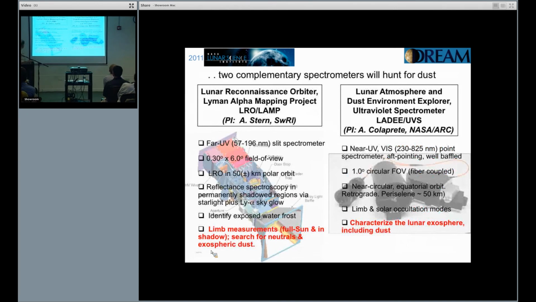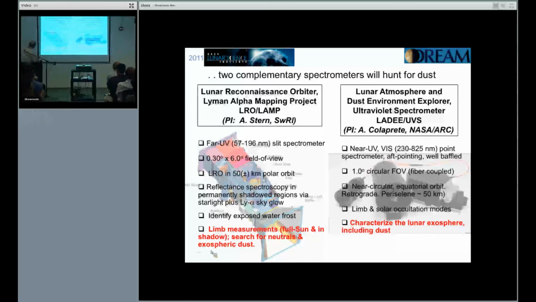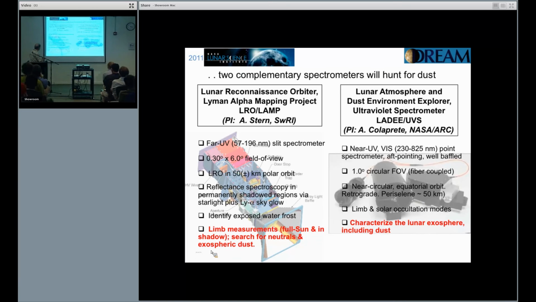Real quick, let me cover the spectrometers. Rick Elphic has already explained this in detail, but I want to point out that here's the LAMP. LAMP extends down to some 60 nanometers, and if you treat these two as one very broadband spectrometer, you have spectral coverage from 60 nanometers all the way up into the near IR.